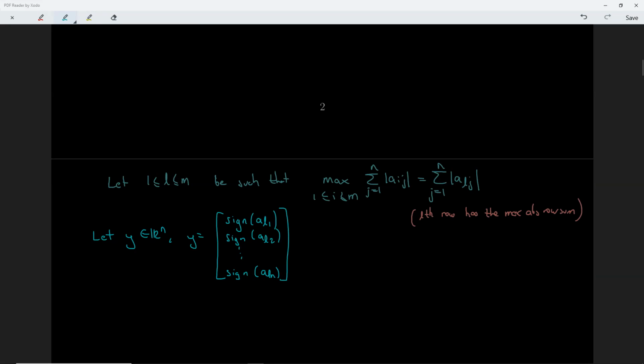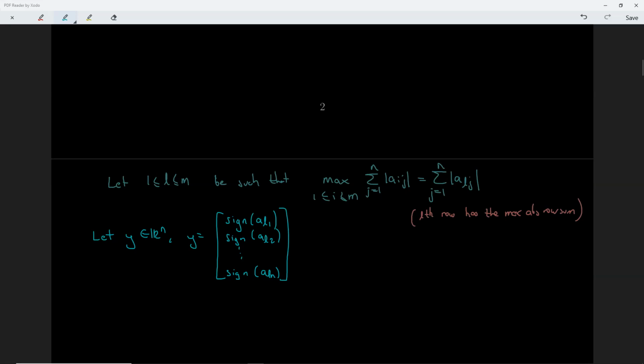So if a_l1 is a positive number, then the sign of a_l1 is equal to 1. If a_l2 is a negative number, then sign of a_l2 is equal to minus 1. Okay. So that is a vector composed of ones and minus ones, or zeros.